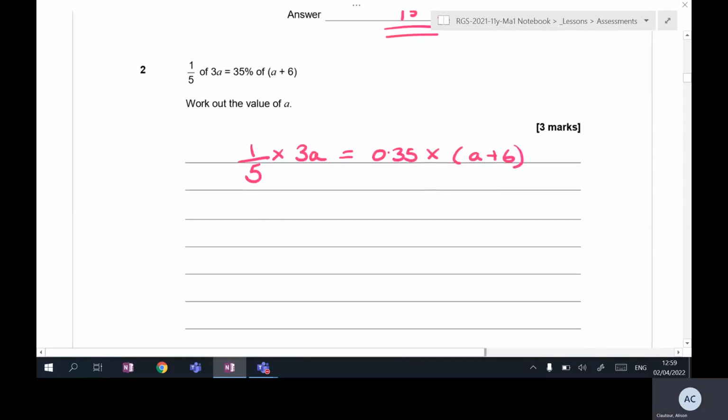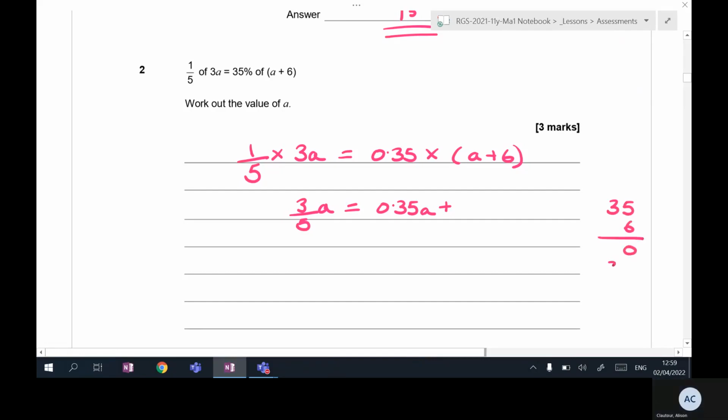So I'm just solving this equation. So I've got 3/5 a, and I'm going to multiply out those brackets. So 0.35a, and then 6 times 0.35. Okay, so that would be 2.1.